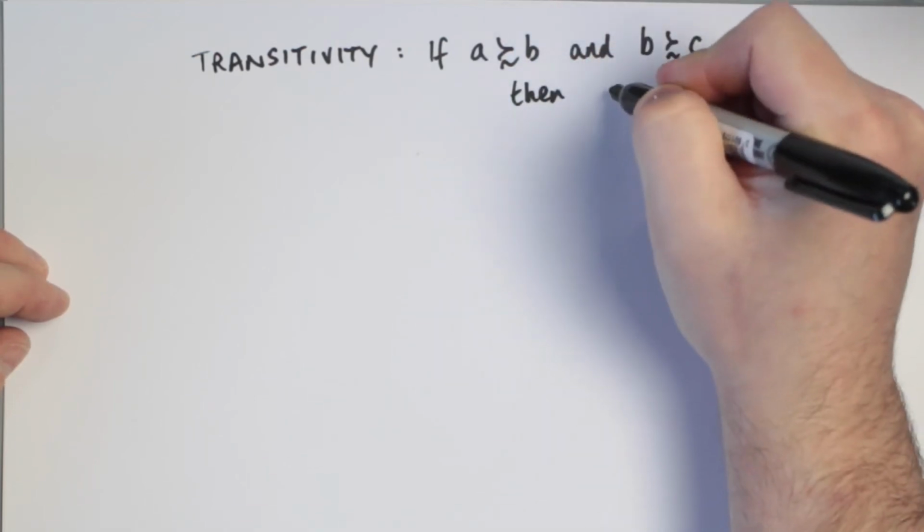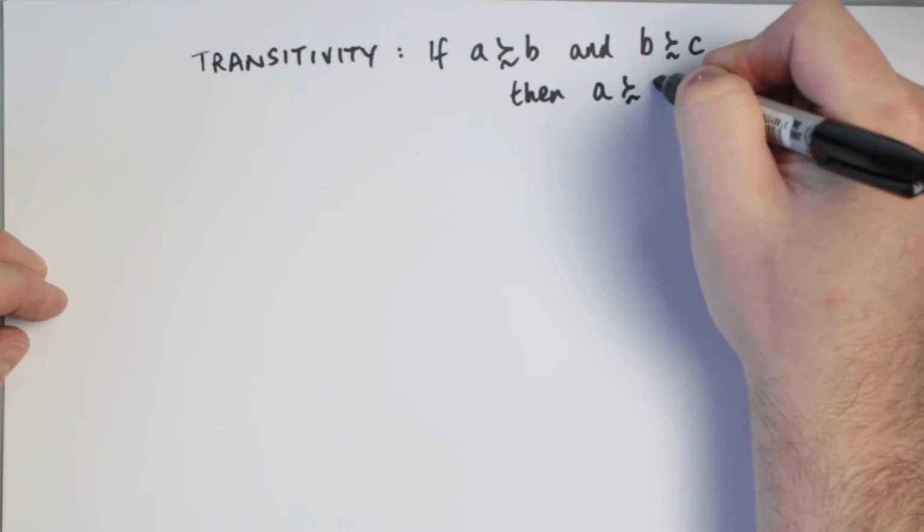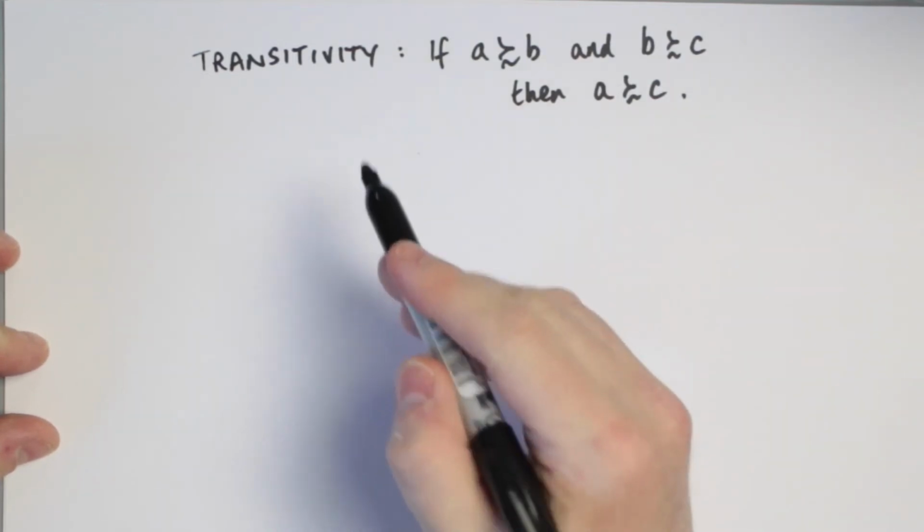So then the axiom will require that the consumer prefers A to C. So why would we include this in our definition of rationality? Let's have a look at what goes wrong when we break this rule.